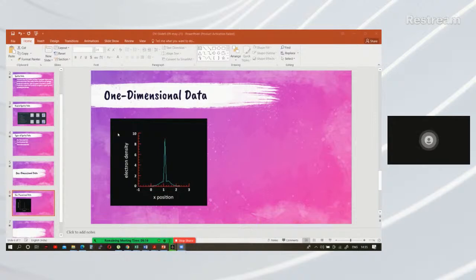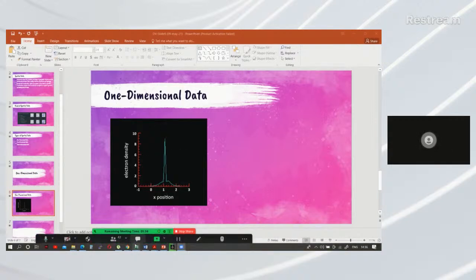That means either the data changes along the x-axis or along the y-axis. If both the x-axis and y-axis, meaning the location and the shape, change, then it is called two-dimensional data.